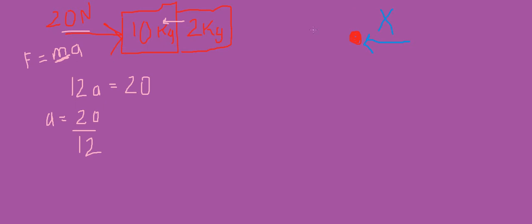I could label x, and it is being pushed with an external force of 20 newtons to the right and an internal force of x newtons by the 2 kilogram object.